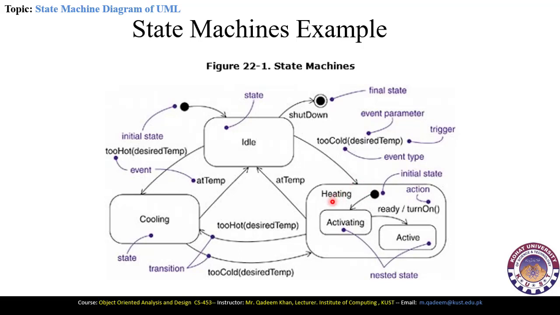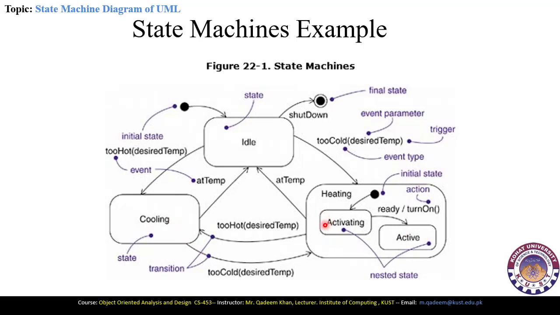And in the heating state there are two substates. The start state of the heating state is this, and then the heating state will be activated, and then it will become active, meaning it will start working. After the heating state, you will provide here the heating levels, because these are the substates of the overall state machine diagram.